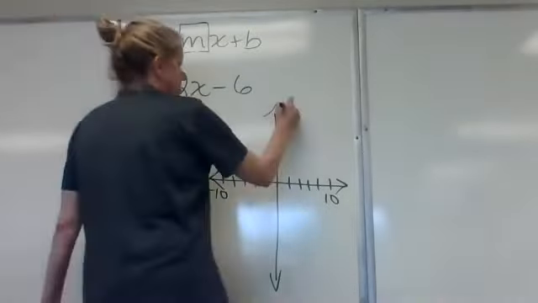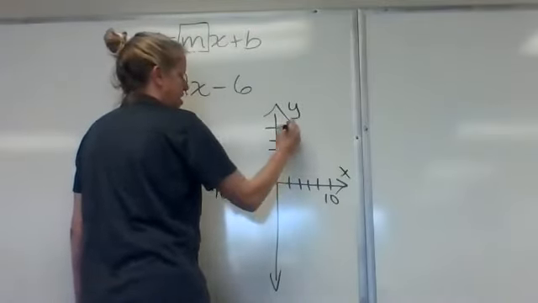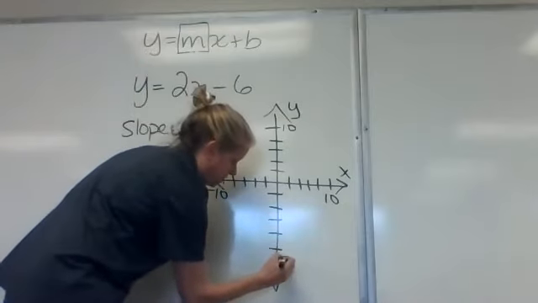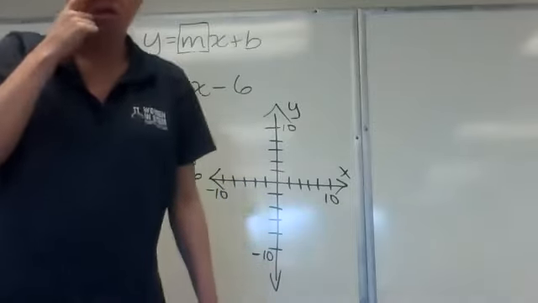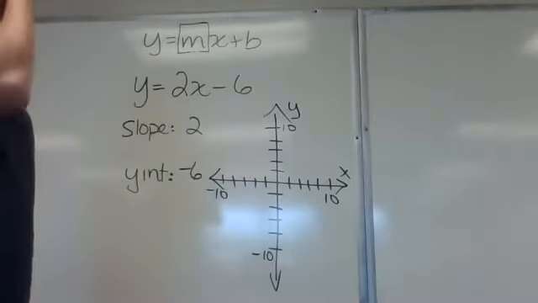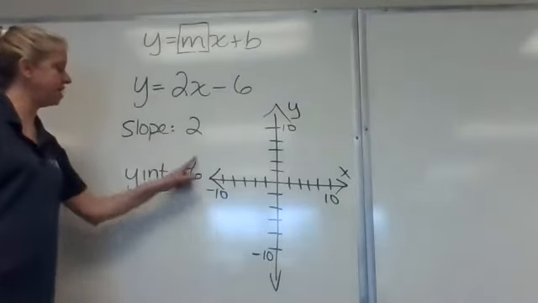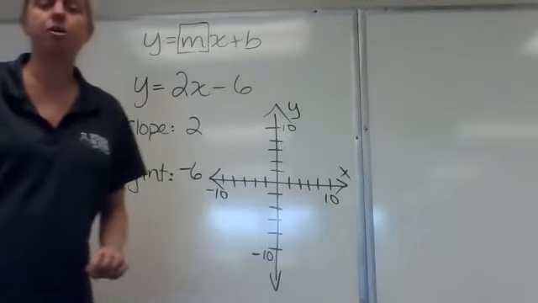The y-axis does the same thing: 2, 4, 6, 8, 10, and -2, -4, -6, -8, -10. So the first thing you're going to do is go find the -6 on the y-axis and put a point on it.